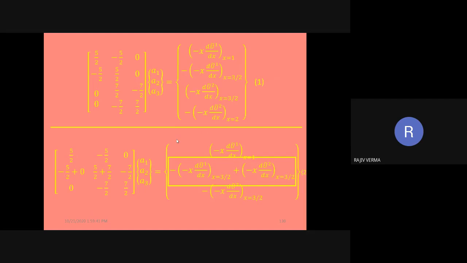Also notice that in both these expressions, we are evaluating the flux at the same point, and the expression for the flux is x multiplied by du by dx, evaluated at x equal to 3 by 2. Also notice that one of these fluxes appears with a positive sign and the other with a negative sign.